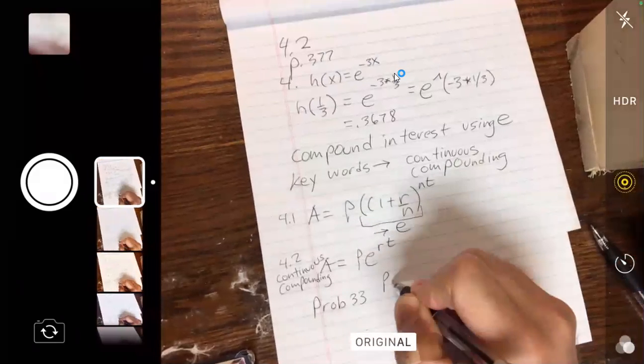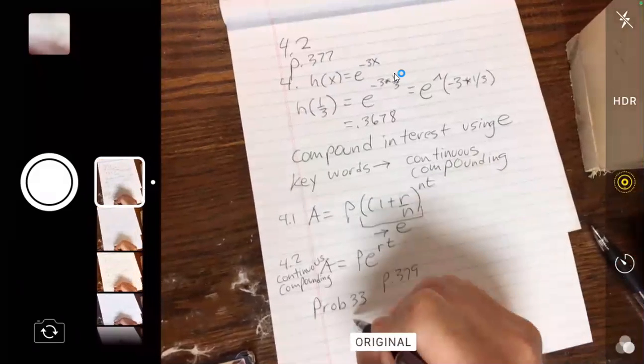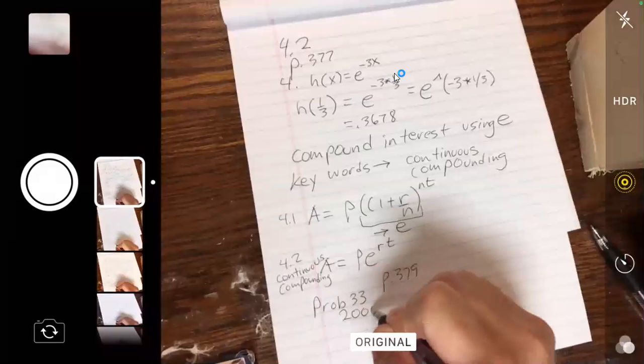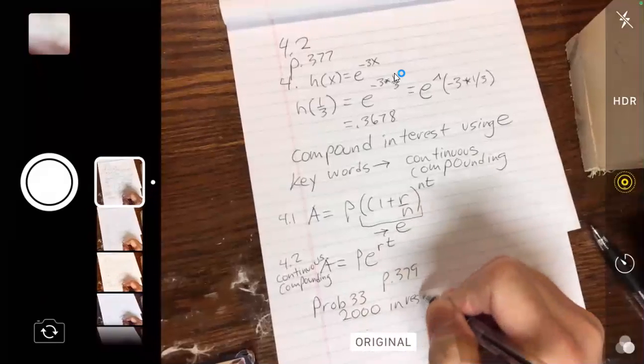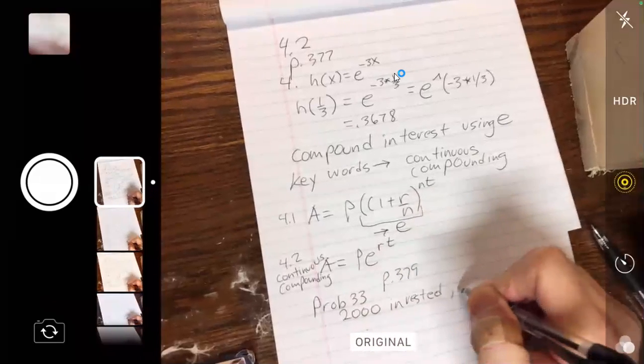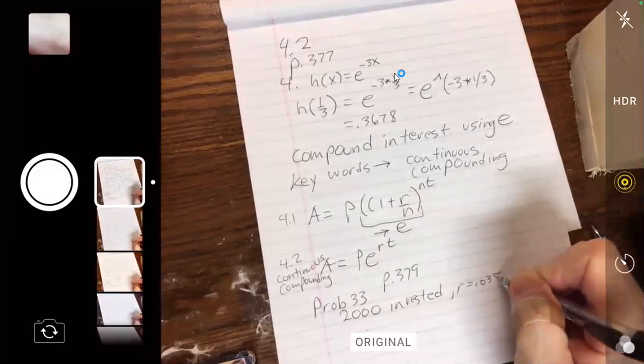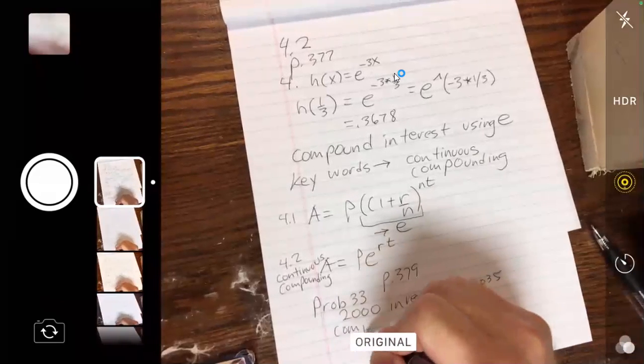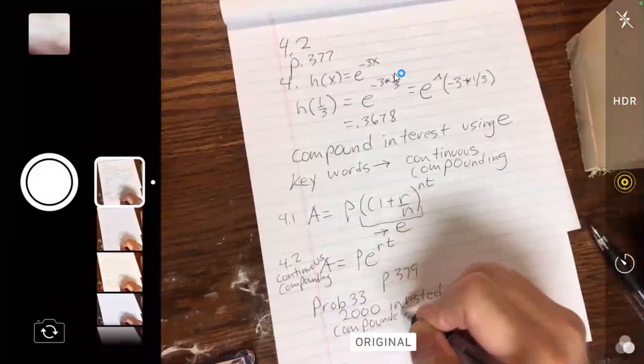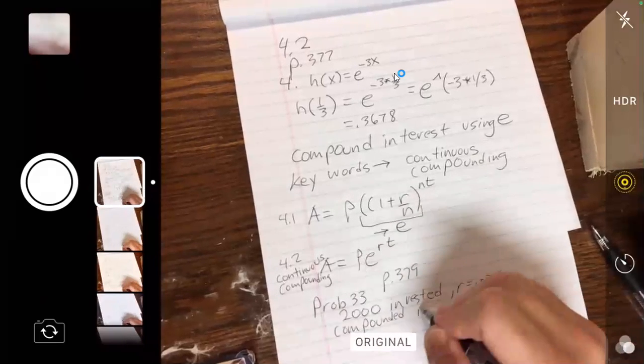This is page 379. 2,000 invested at 0.035 compounded continuously.